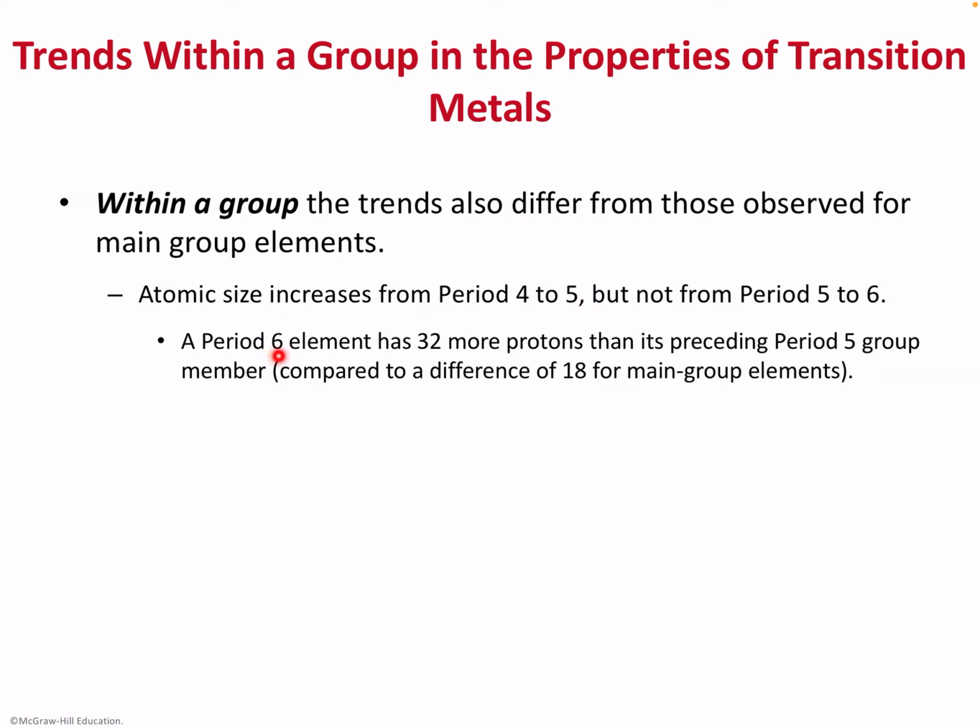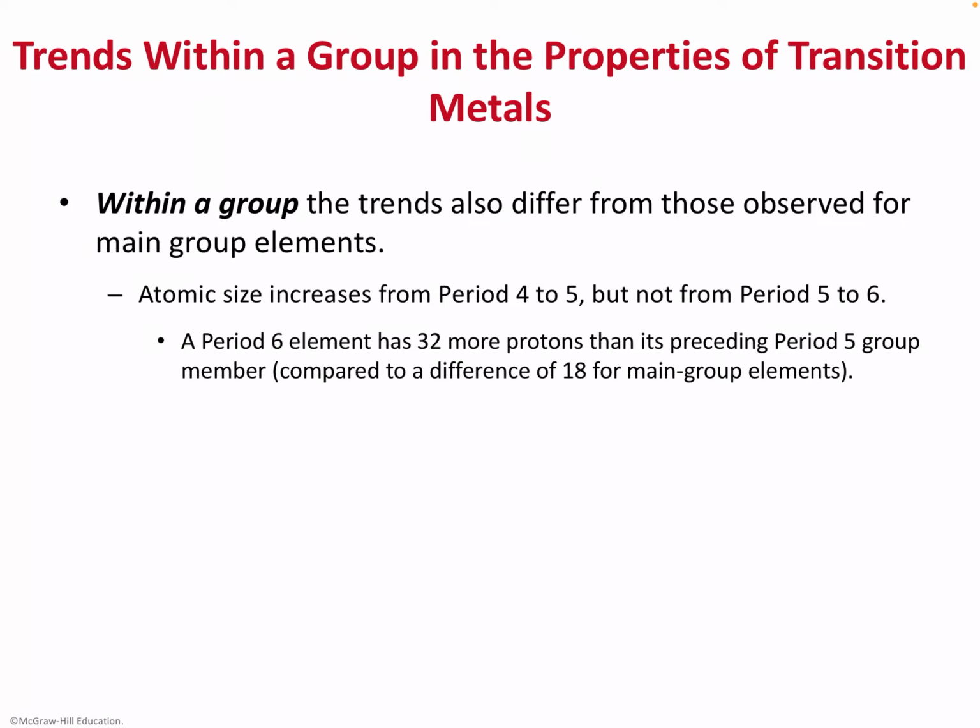A period 6 element has 32 more protons than its preceding period 5 group member, compared to a difference of 18 for main group elements. So going from one period to another, in the main group elements there was an 18 electron difference, but going to a period 6 element has 32 more protons than its preceding period 5 group member.